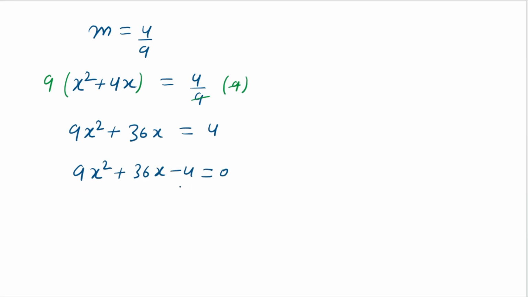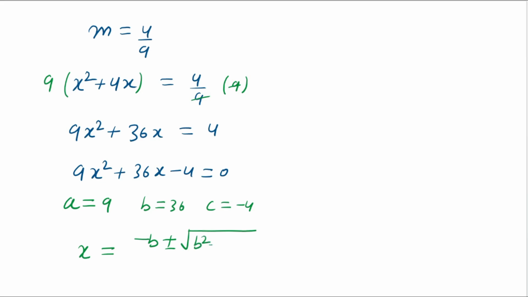On the left hand side we have a quadratic equation. Here we will apply the quadratic formula. Here the value of a is equals to 9, the value of b is equals to 36 and the value of c is equals to minus 4, and the quadratic formula is x is equals to minus b plus minus square root of b square minus 4ac divided by 2 times a.